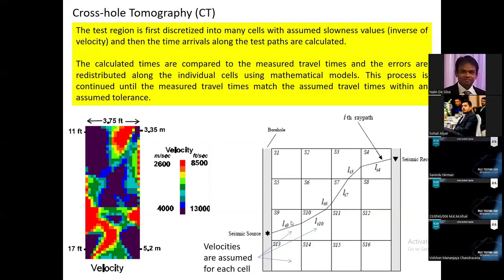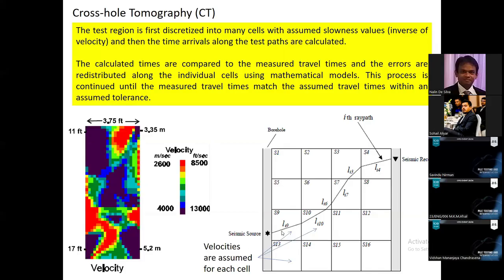Okay. Then we can assume the wave velocity through each segment. So by assuming wave velocities through each segment, we can calculate the arrival time, right?